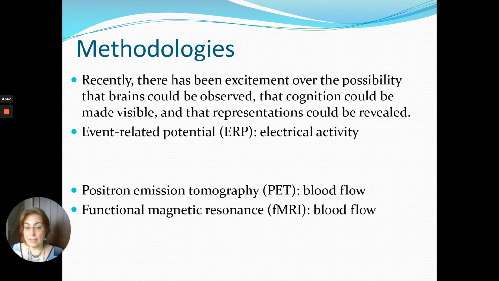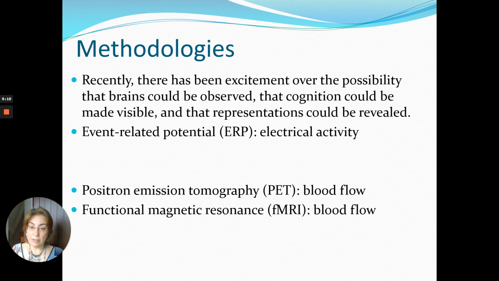That energy comes from food that is transported to them by blood. So by looking at blood flow in that particular area, we know that that particular area is operating. And we have positron emission tomography and functional magnetic resonance that measure that blood flow.